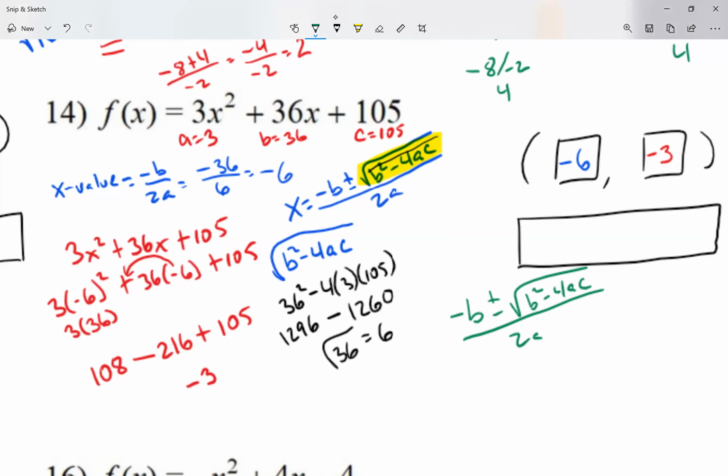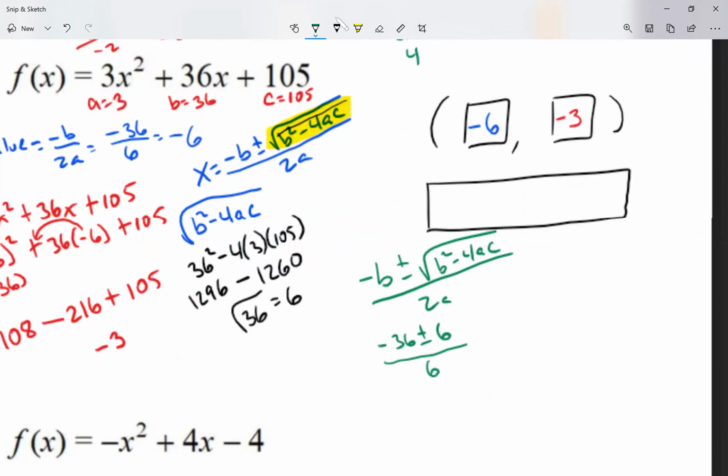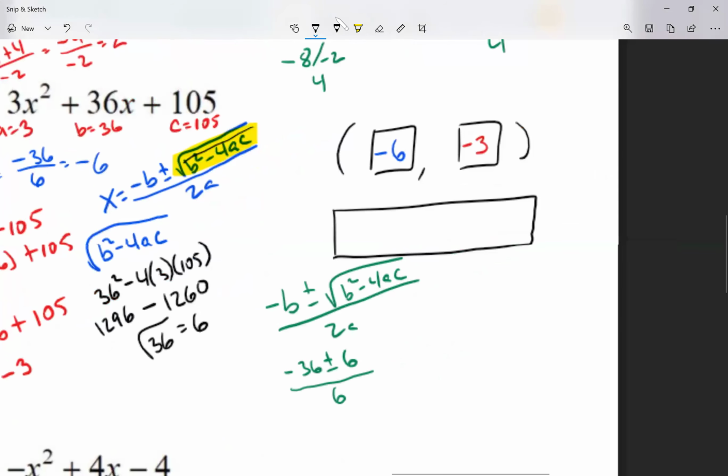So I have negative 36 plus or minus 6, because we worked all of that already, divided by 6, because 2 times a. So for my two zeros, one of my zeros is going to be negative 36 minus 6 divided by 6. The other one's going to be negative 36 plus 6 divided by 6.